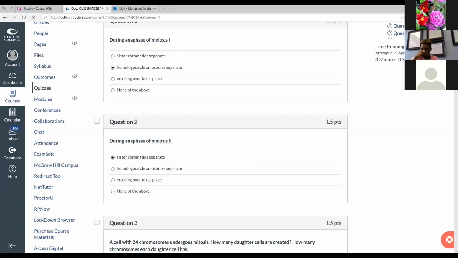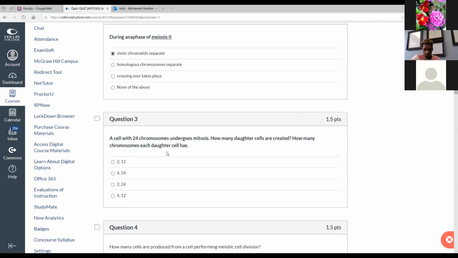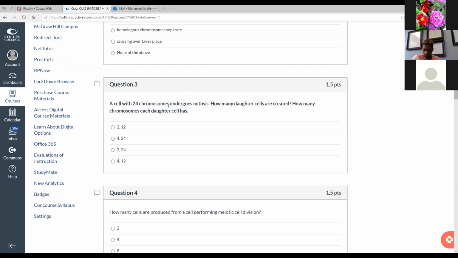In meiosis 1, during anaphase, the homologous chromosomes separate. On the other hand, in meiosis 2 during anaphase, the sister chromatids separate. Don't forget this, okay? And now there is a different kind of cell division, we call it mitosis.